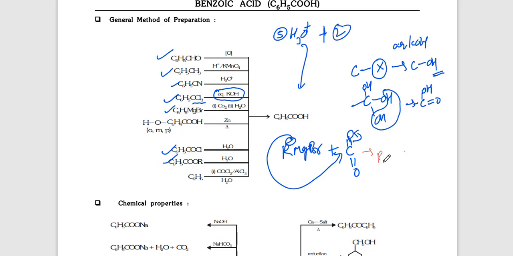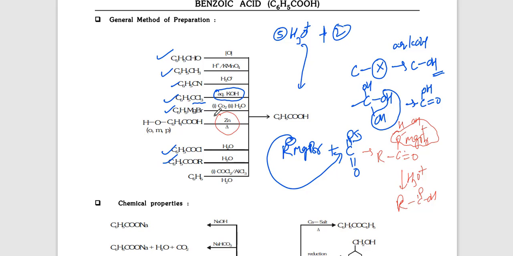Next, RCOOMgBr is formed. Next, by hydrolysis, it is giving RCOOH. This OMgBr is converted into OH by the hydrolysis. Here H, here OH. So Grignard reagent is over.